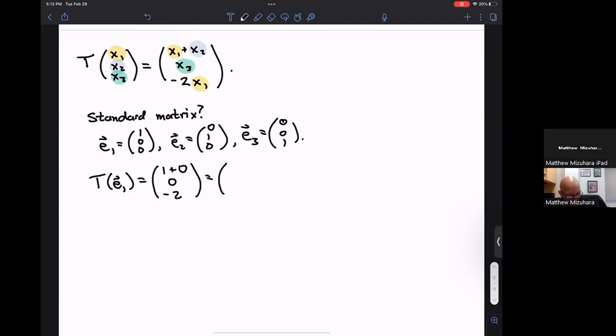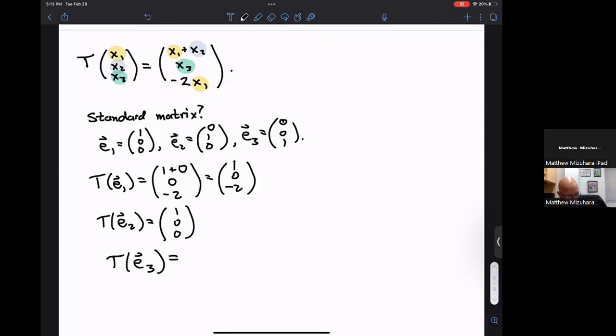So that's giving me 1, 0, minus 2. And then T of e2 is what? That's 1, 0, 0. Interesting. And then T of e3 is 0, 1, 0, it looks like. Okay, I think I did that right.